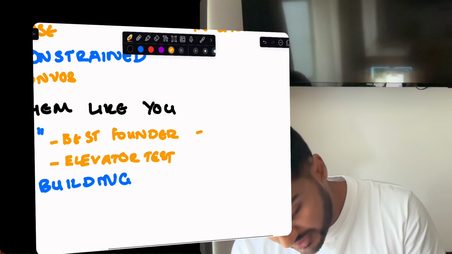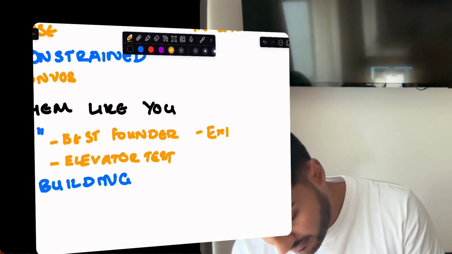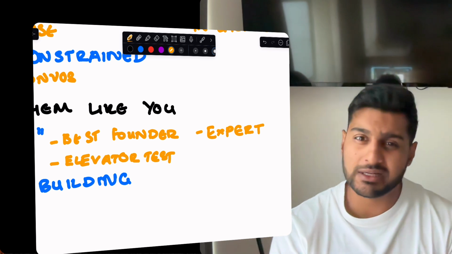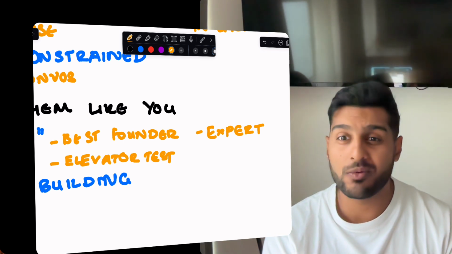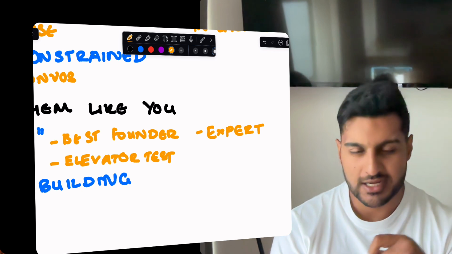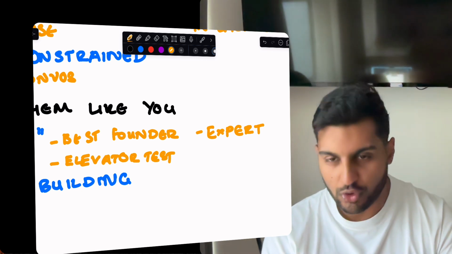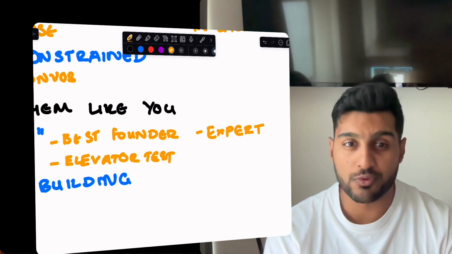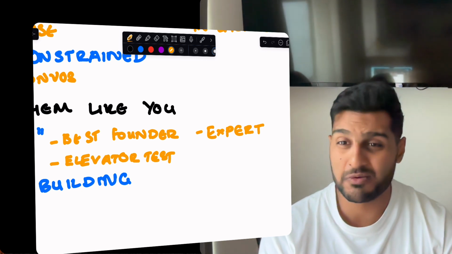And then the last one is expertise. They're an expert in this industry. I want to learn more because they have great knowledge and can help me, whether it's your industry, hiring, or building companies, whatever it is. So you're the best founder they've seen in the last 6 or 12 months, you're an expert in your field, they want to learn more about you, they actually like you and want to spend more time with you.